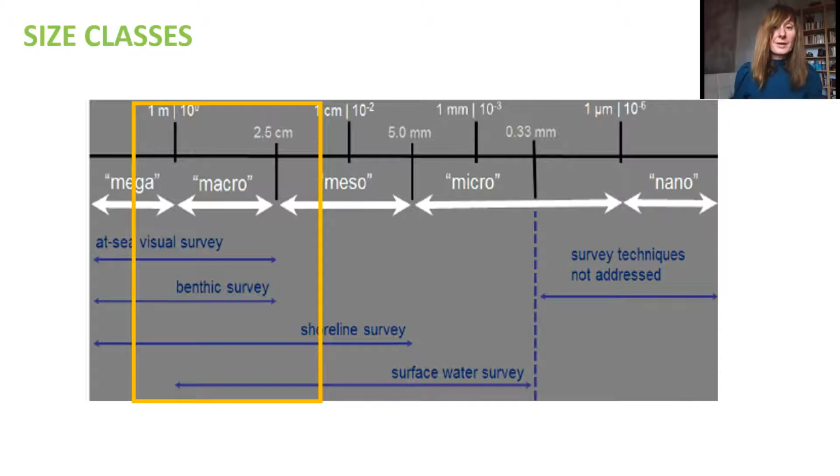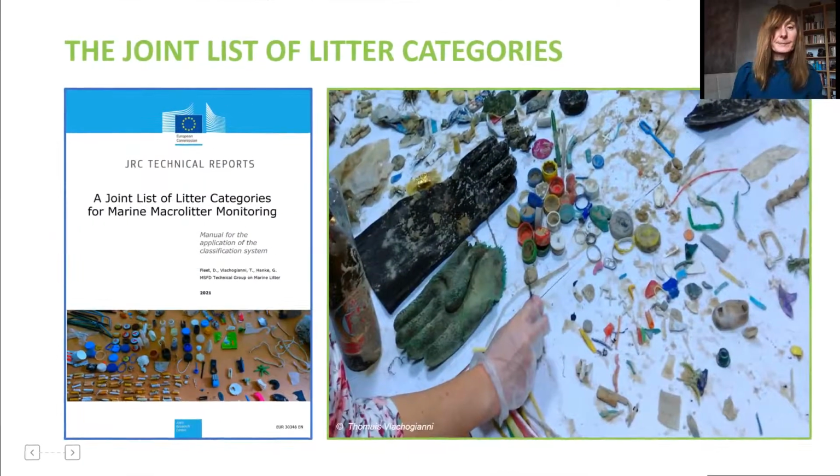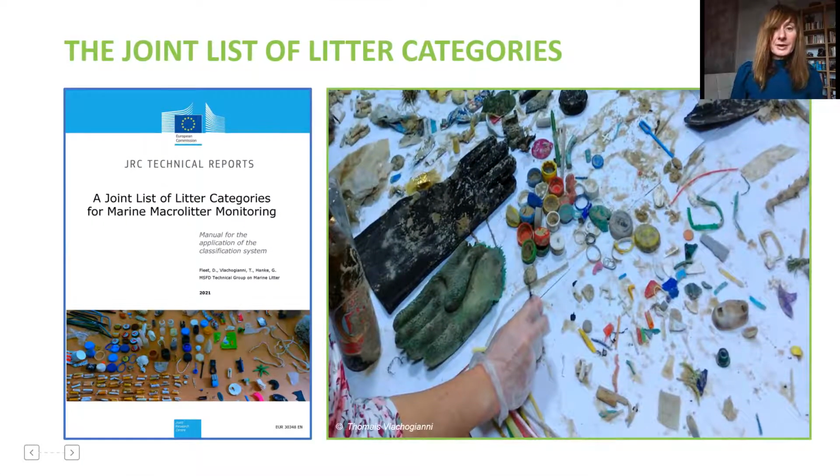Of course, within this lower limit definition, some smaller items that are marginally between 2 and 2.5, like plastic cups and cigarette butts, should also be collected. And this brings us to the classification of the different litter items, which should be made in accordance with the joint list.